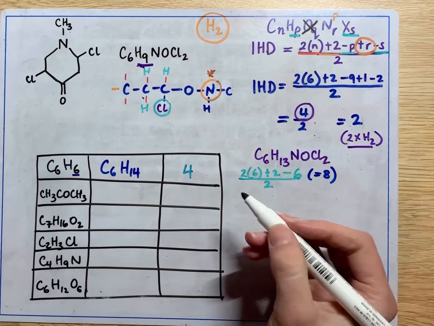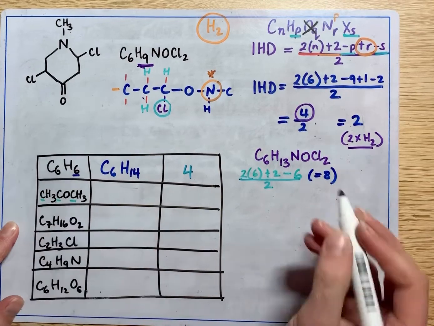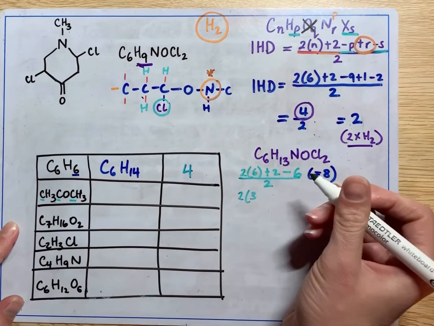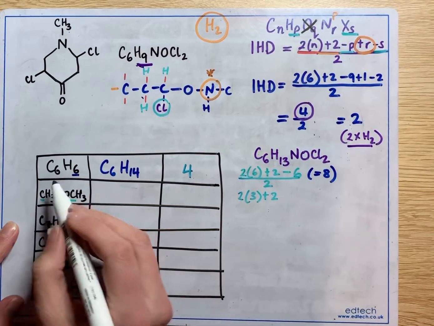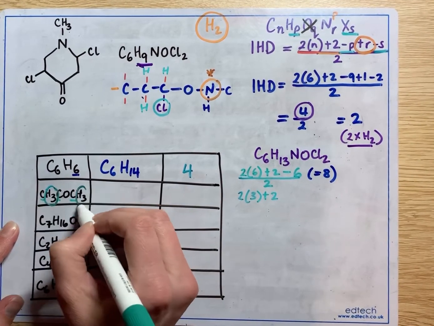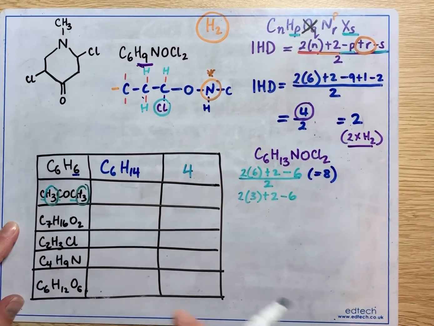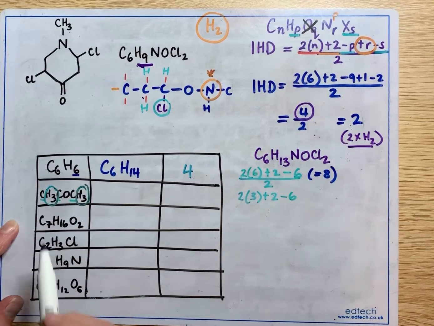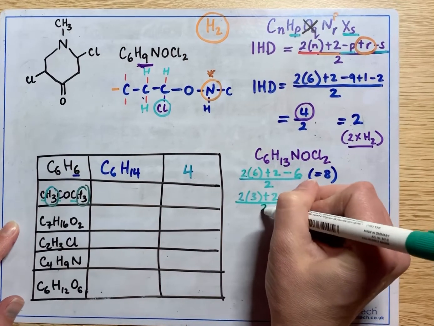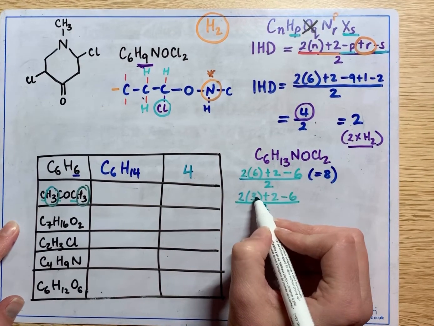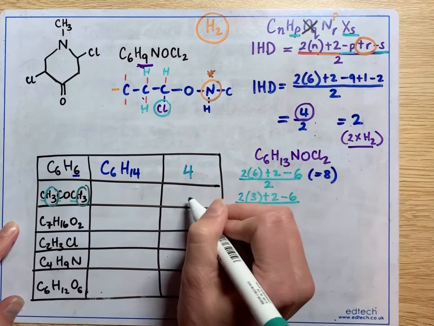Okay, so let's have a look at the next one. C, we have 1, 2, 3. So 2 lots of 3 plus 2, subtract 6 hydrogens, and an oxygen that we leave because that doesn't have any available sites where hydrogen can bond. 2 lots of 3, we've got 6 plus 2 is 8, minus 6 is 2. 2 over 2 is 1.